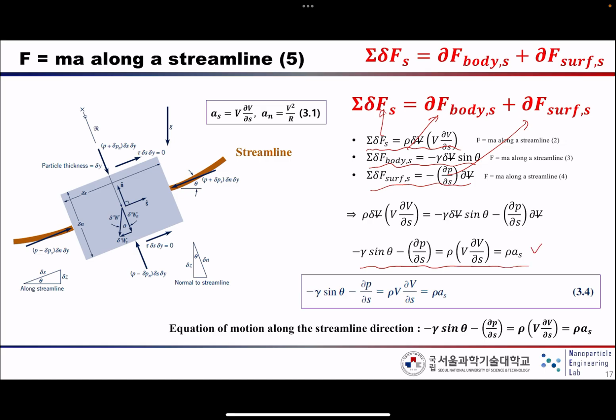This is the equation of motion along the streamline direction: minus gamma times sine theta minus partial p partial s equals rho times v partial v partial s.